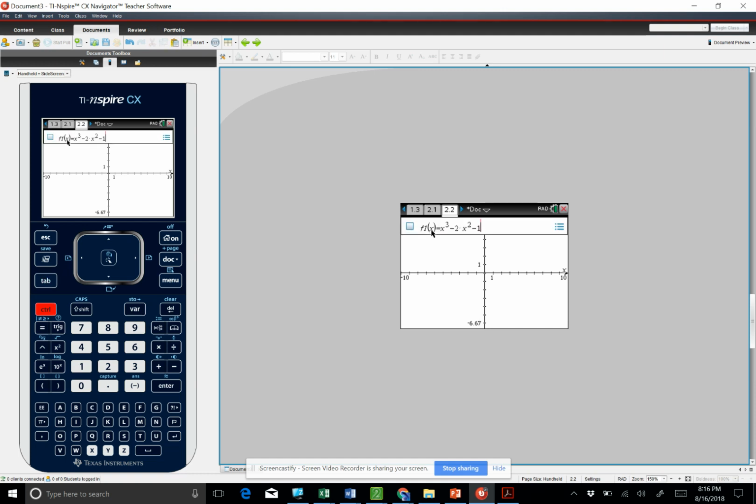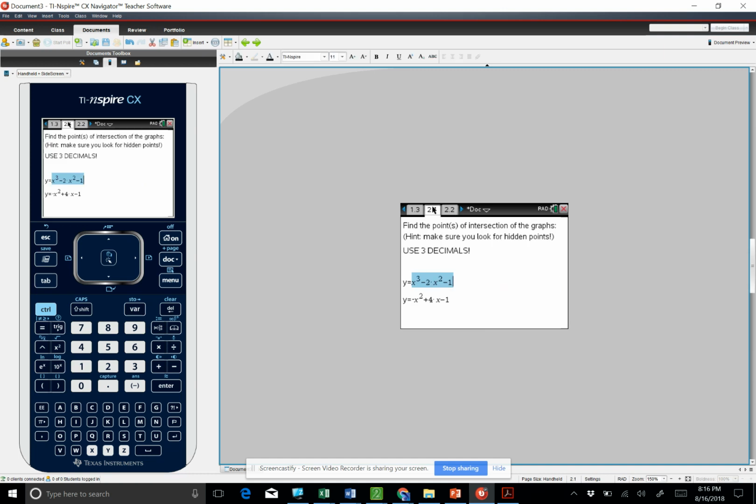All right. So the first function that you're typing in is x cubed minus 2x squared minus 1. That gives us a nice cubic function. And again, you can always pause and rewind the video if you didn't catch the function.